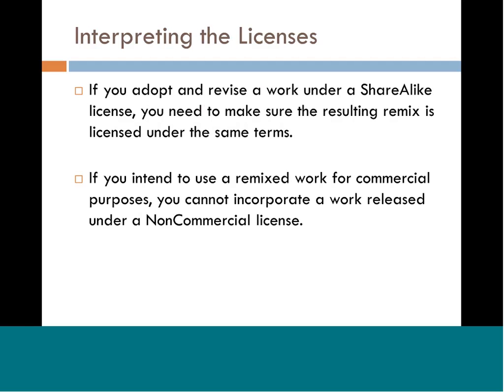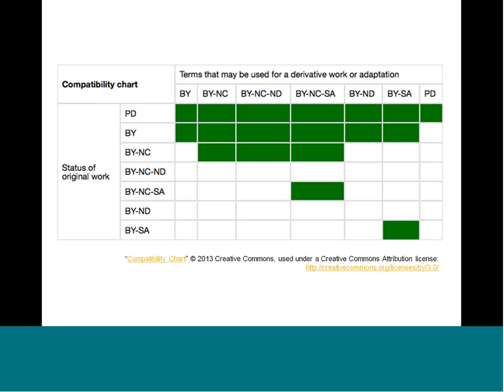If you create a remix with a work licensed under a ShareAlike license, you need to make sure that the remix is licensed under the same license conditions. Likewise, if you want to use the remix work for non-commercial purposes, you cannot incorporate a work released under one of the non-commercial licenses.